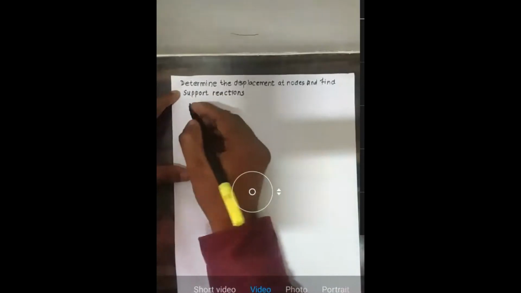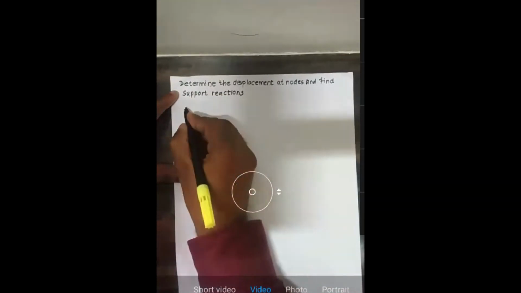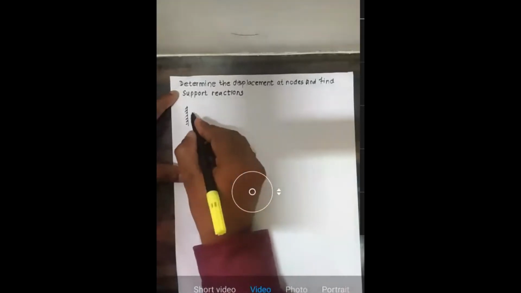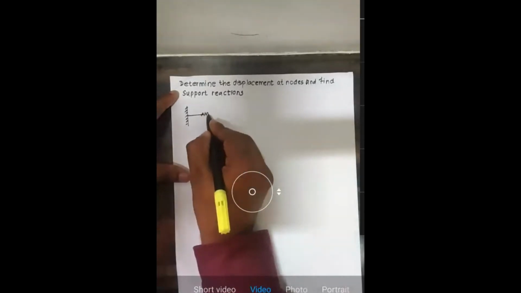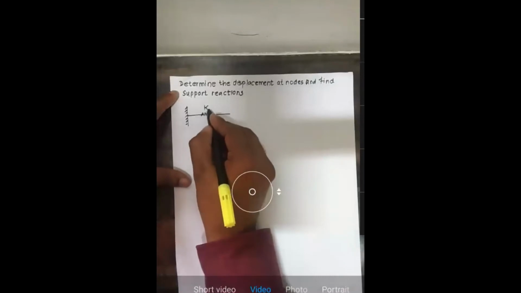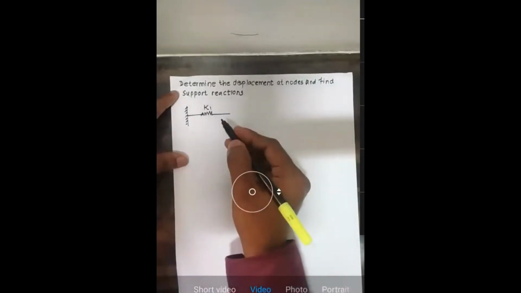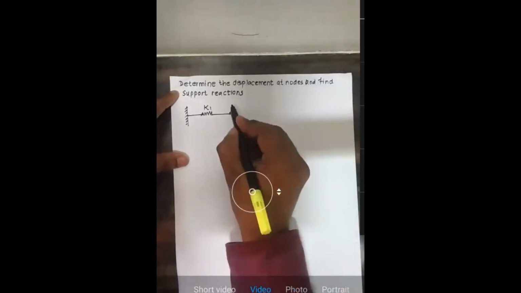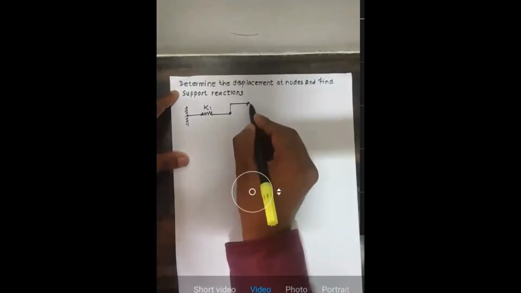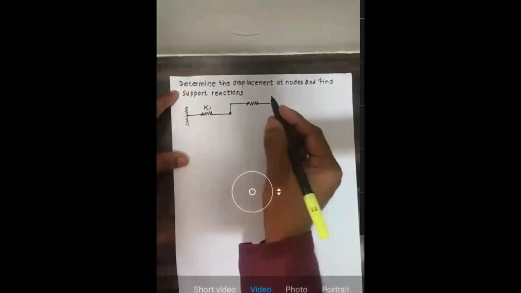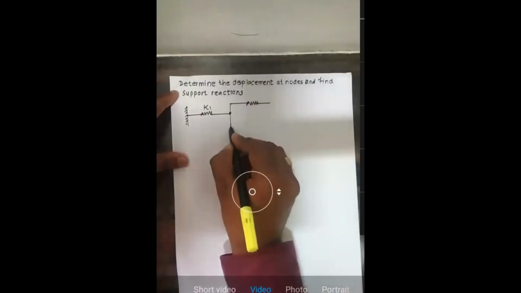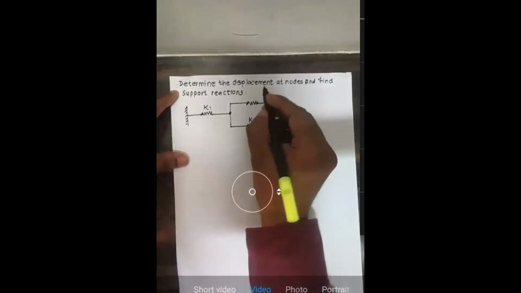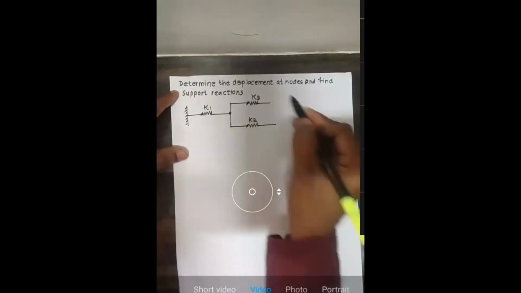Okay, so let's see what is given in the problem. First, you have a fixed support. On this fixed support, they have attached one spring with the stiffness K1. To the other end of the spring, they have attached two springs. One is K2, second spring is K3, right?